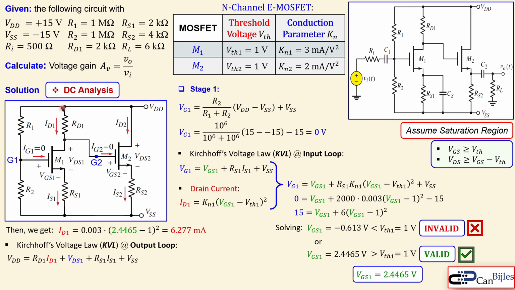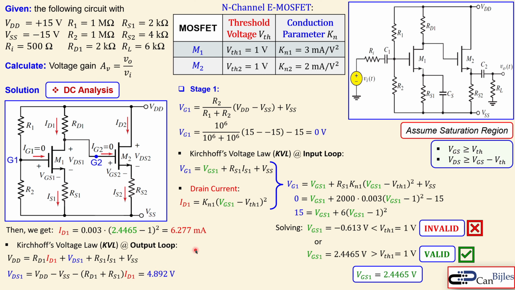So VDD is equal to the voltage across RD1 using Ohm's law, plus the voltage VDS1, plus the voltage across RS1, plus the voltage at this node, which is VSS. Now we can express VDS1 as shown. Since RD1 and RS1 have the same current, we can group them together, shown here. When you substitute the values in here, you will get 4.892 volts.